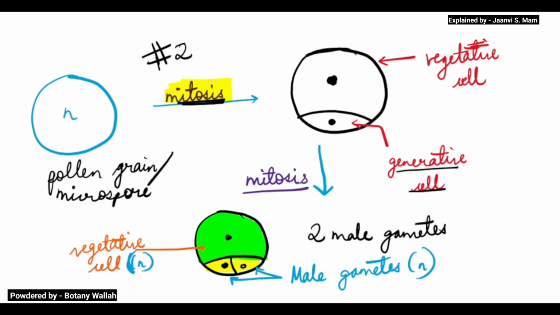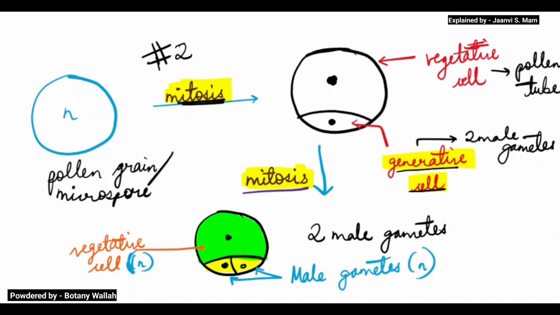You should know this. And there is again one more division to form two male gametes from the generative cell. The generative cell forms two male gametes, and the vegetative cell forms the pollen tube.